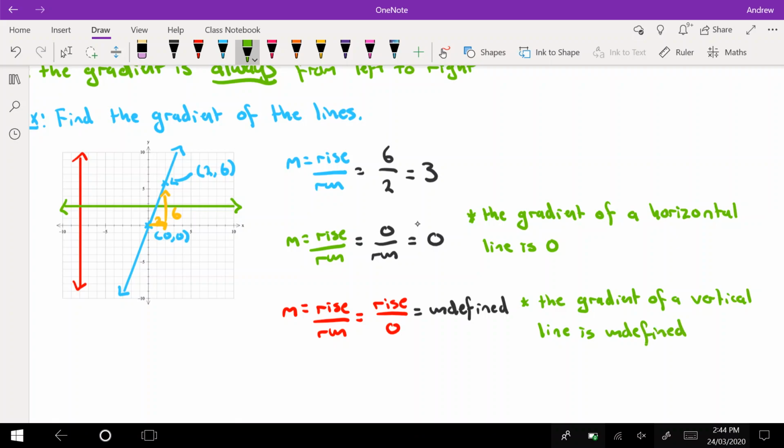If I'm walking, let's say I'm walking on flat horizontal ground, it's not going to get any harder or any easier because it's always just going to be flat. If I have a positive gradient, if from left to right I'm going up, it's going to get a little bit harder every time because I'm walking up a slope. Same way if I'm walking downhill, it'll get a little bit easier because I'm walking downhill. And if I'm walking just straight up, you can't walk up a wall unless you're Spider-Man.